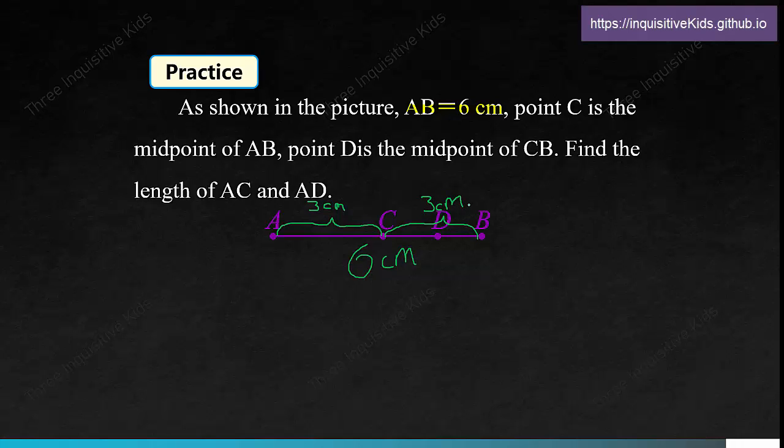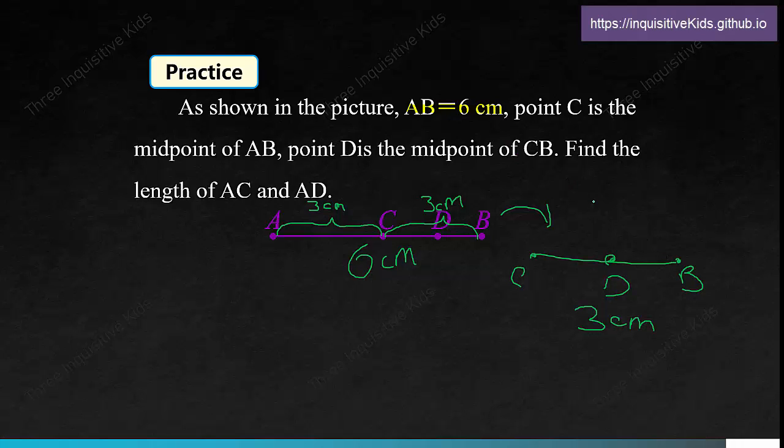Okay, now we know that point D is the midpoint of CB. So out of that, we can draw another separate line segment, which is a zoom in of that section. So here's CB, and the midpoint is D. So these are exactly equal, and this whole thing is 3 centimeters, right? So CD and DB are the exact same, and they are the exact same also as 1/2 of 3.